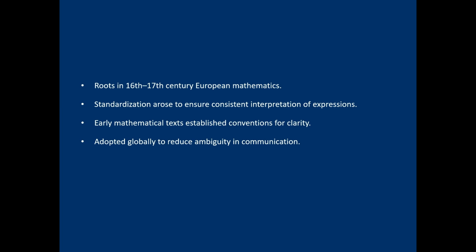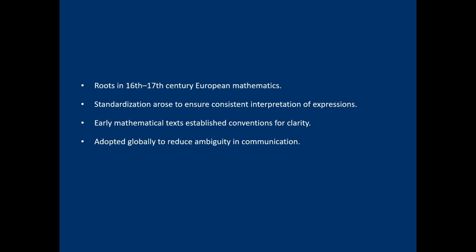The roots of the order of operations really go back to the 16th, 17th century in European mathematics. It goes way back. I see a lot of people comment and say, "Oh, it must be an American thing," etc. But it goes way back into the 16th century.